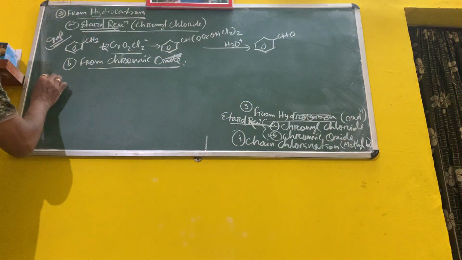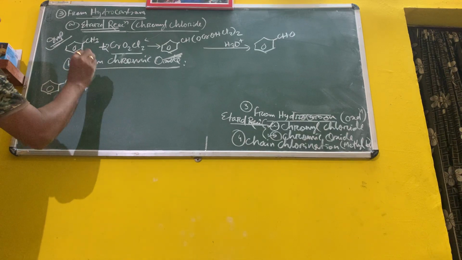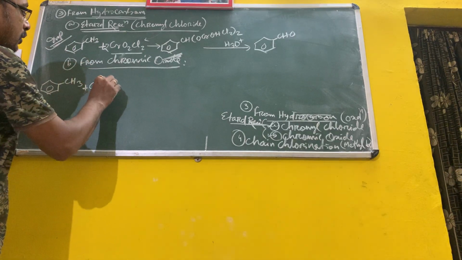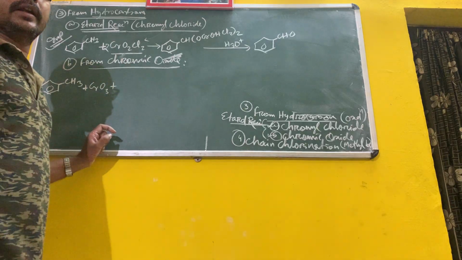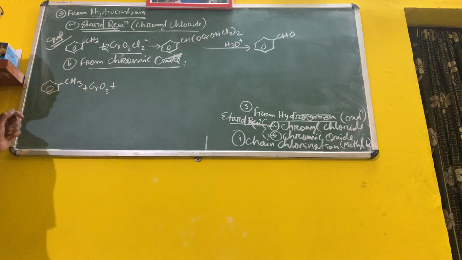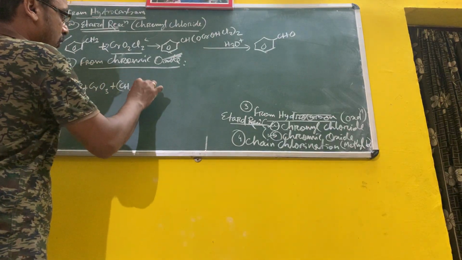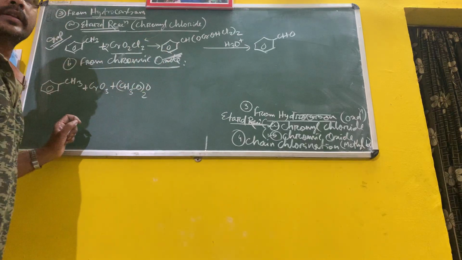This one is methyl benzene plus chromic oxide CrO3 plus acid anhydride. Acid anhydride formula you can write as (CH3CO)2O.